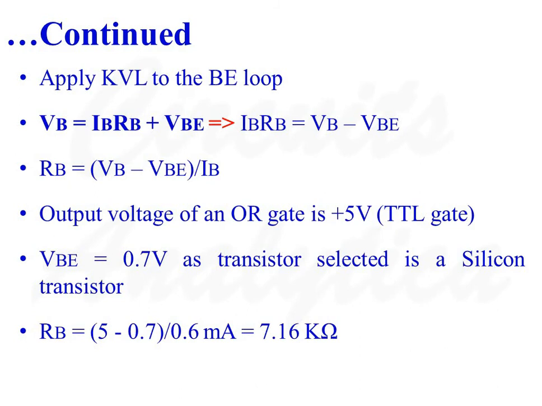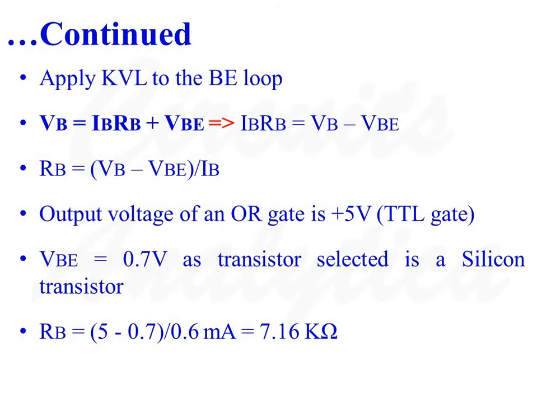IBRB is equal to VB minus VBE, or we can write RB is equal to VB minus VBE divided by IB. So output voltage of an OR gate is plus 5 volt if the OR gate belongs to TTL family.